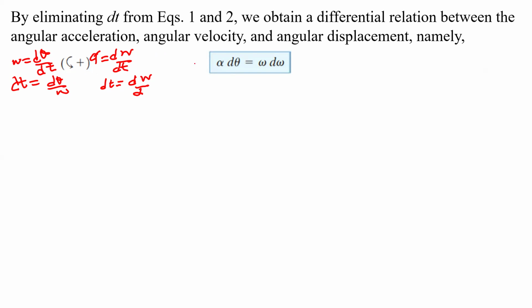Then we have that dθ over omega is equal to dω over alpha, which will give us alpha dθ is equal to omega dω.